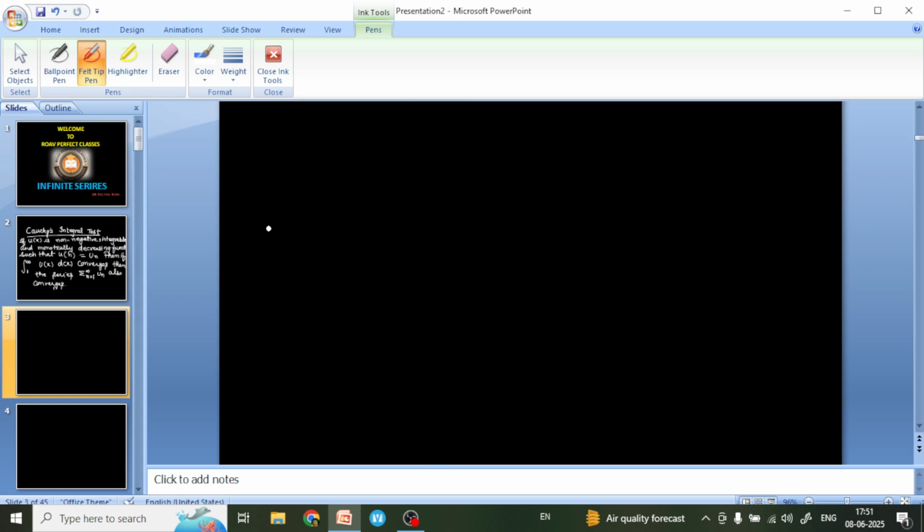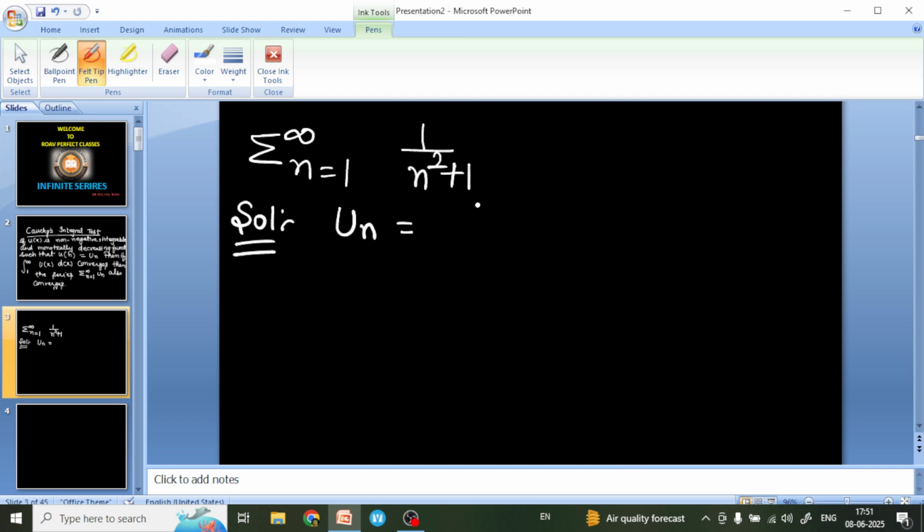For example, we are given sigma infinite n is equal to 1 of 1 over n square plus 1. This statement is given, and we have to implement Cauchy's integral test for convergence. First of all, you have to take un is equal to 1 over n square plus 1.